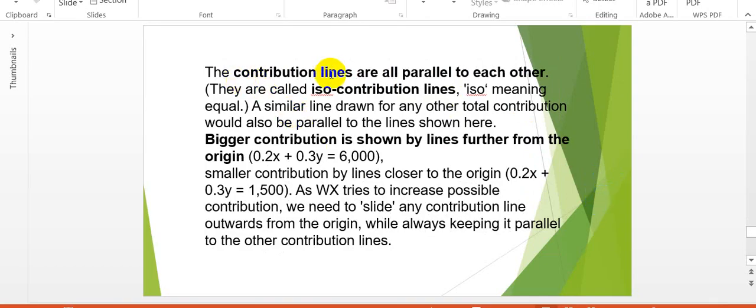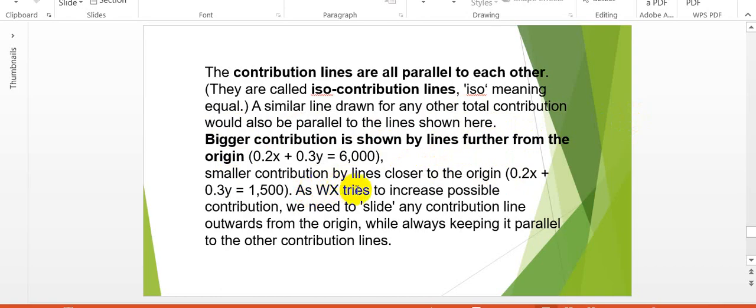So the contribution lines are all parallel to each other. They are called iso lines, iso meaning equal. A similar line drawn for any other total contribution will also be parallel to the lines shown here. Bigger contribution is shown by lines further from the origin, smaller contribution by lines closer to the origin.